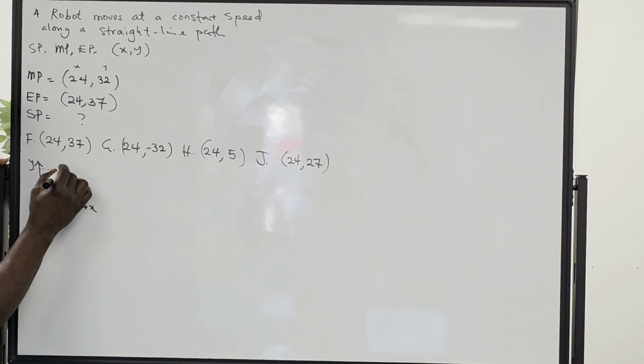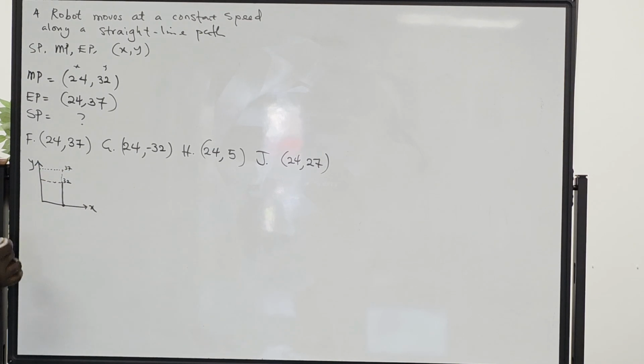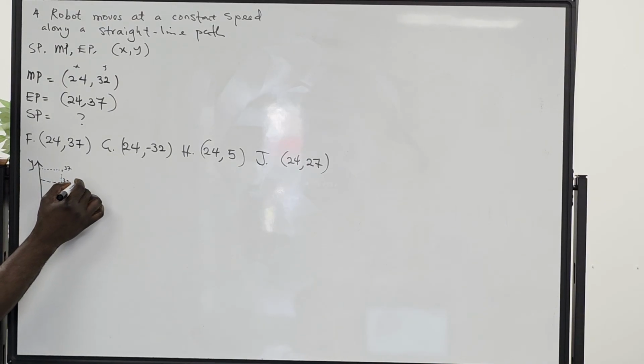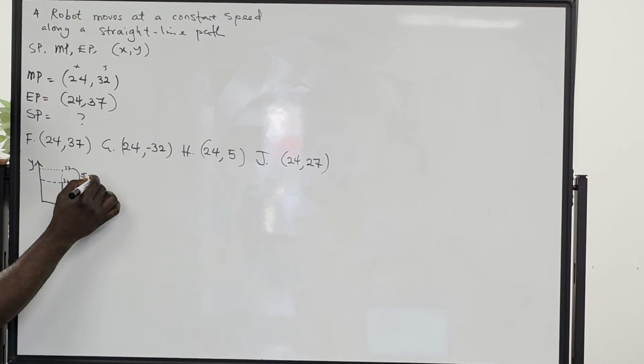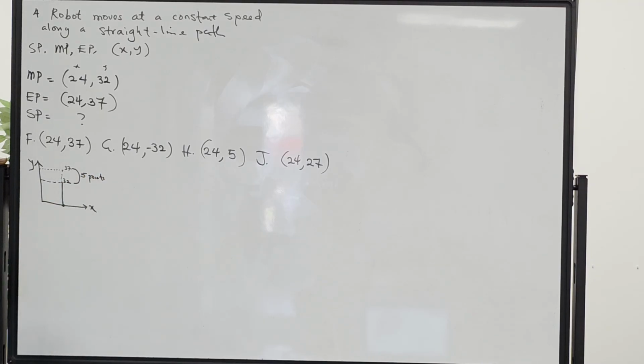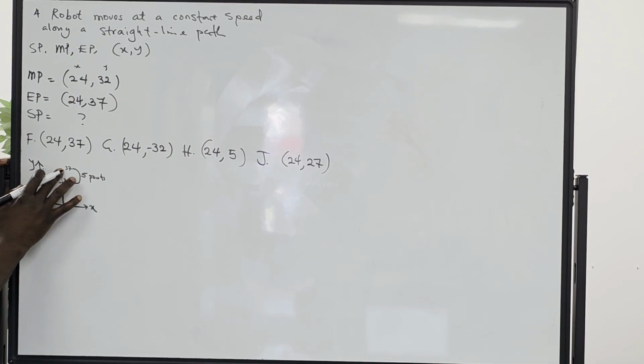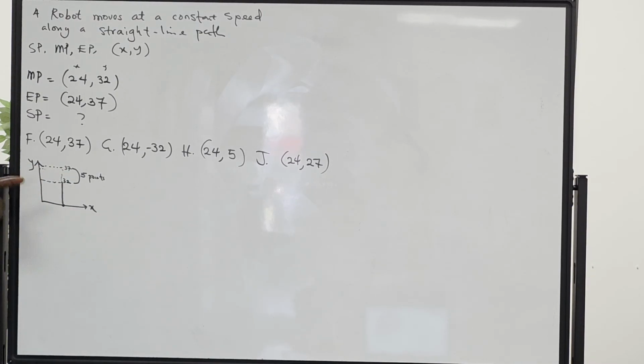Let's call this 37, right? Between here and here is 5 points difference. Right here is the middle point. This is the end point.